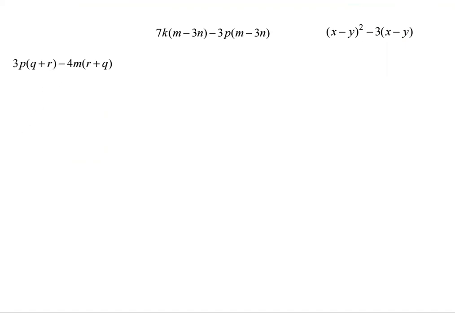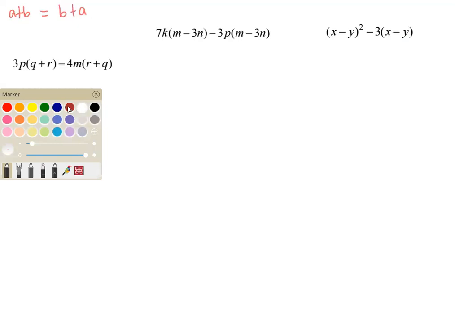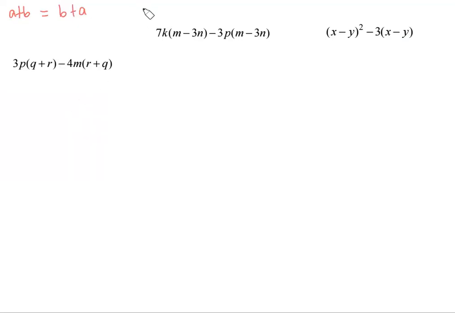So what you need to understand here is that a plus b is the same as b plus a, unless we are subtracting. Where do we see subtraction? Let's say here we have got c minus d. This cannot be equal to d minus c.